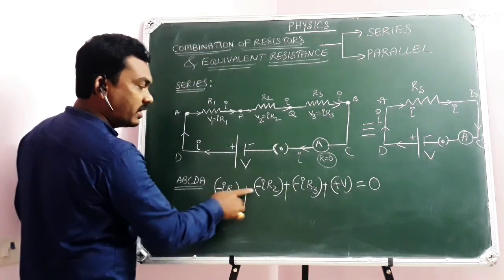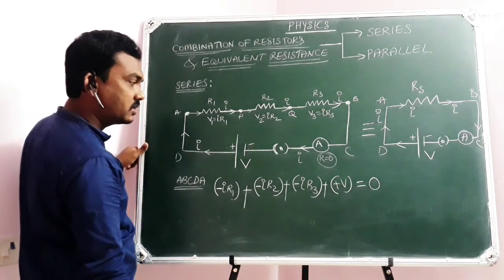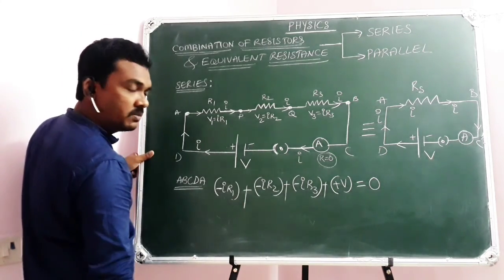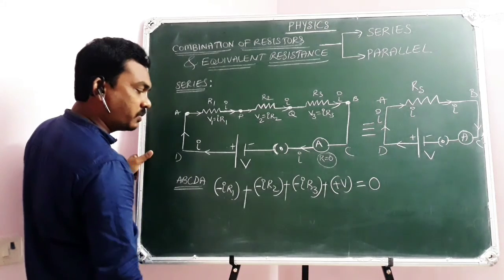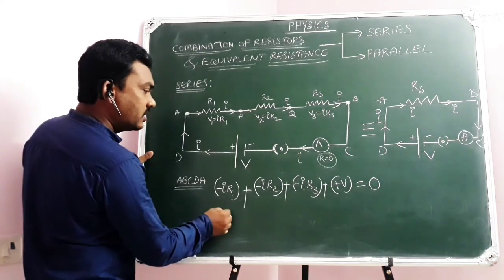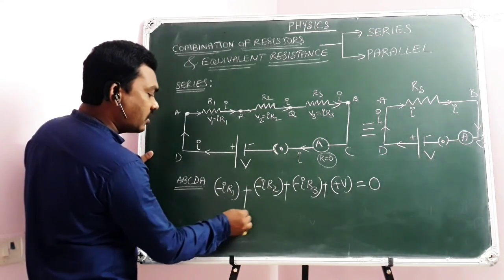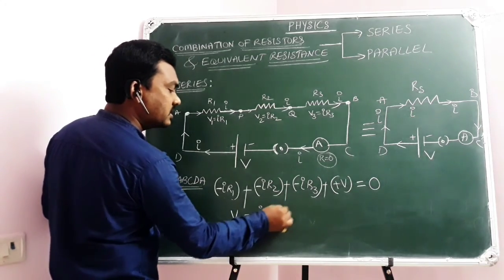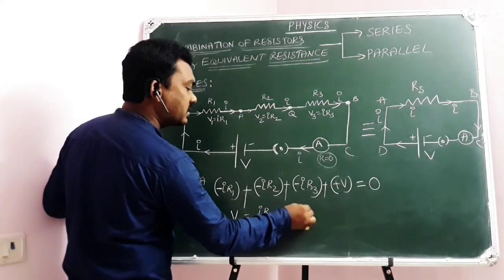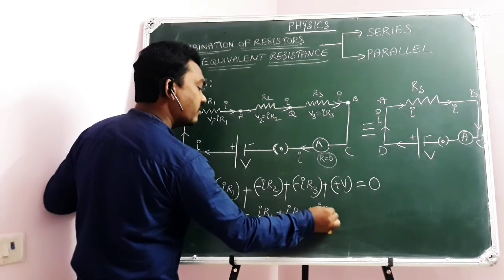But there is a drop, that's why while taking the algebraic sum we have given minus. Now, if you are going to simplify this, listen carefully. What can you write? Here, V equal to IR1 plus IR2 plus IR3.